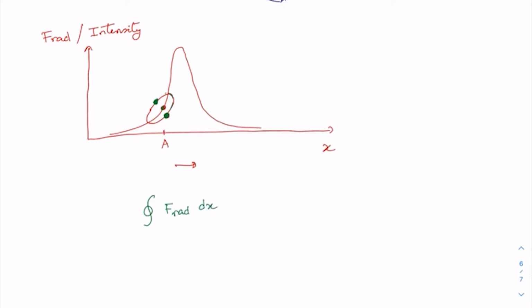Now if we look at the plot carefully here, then we'll see that when we are here at the lower point, both the radiation pressure force and dx, displacement, have the same sign while moving towards right.